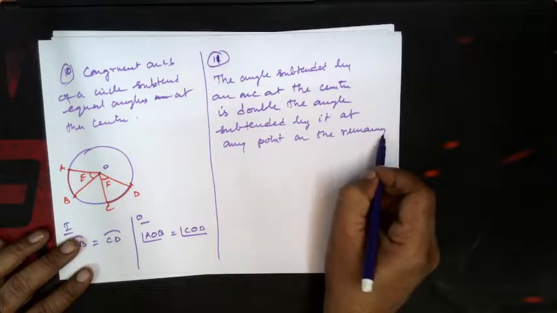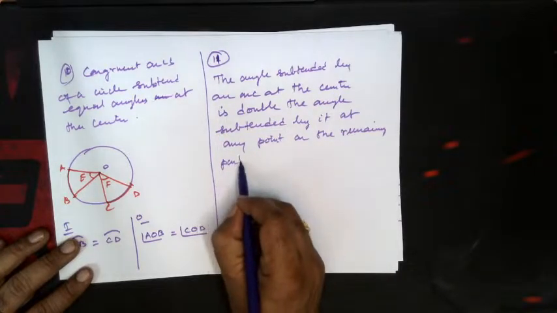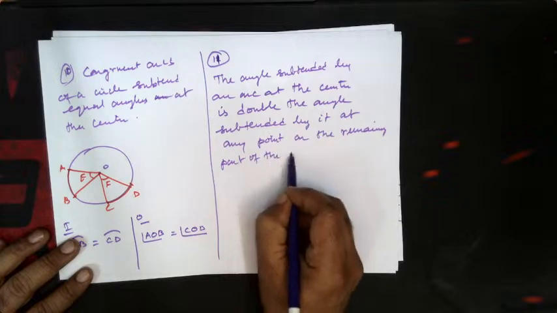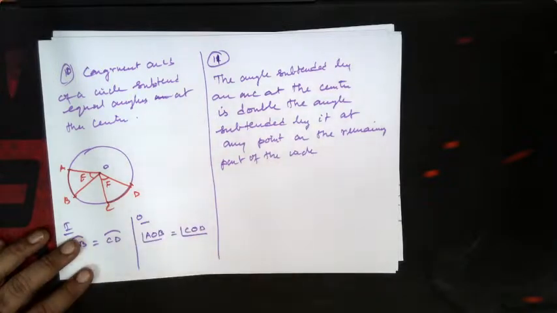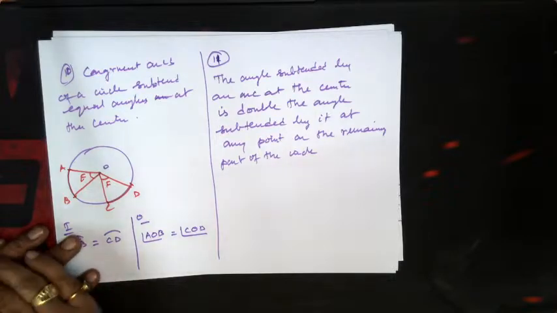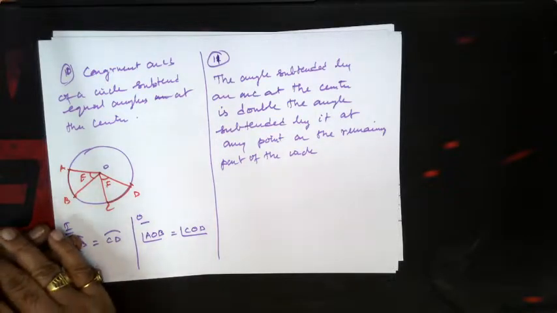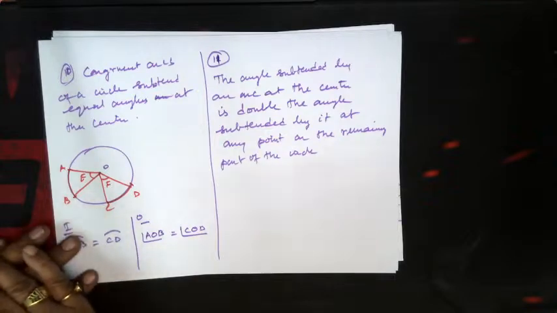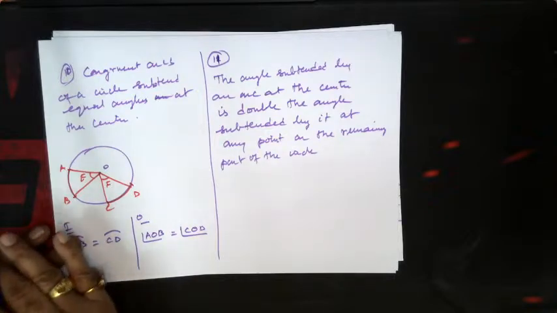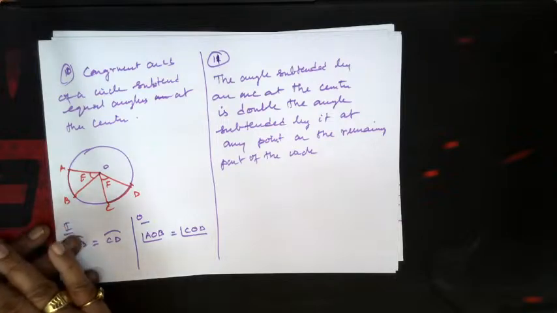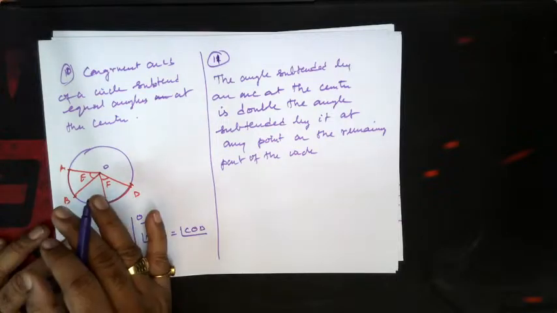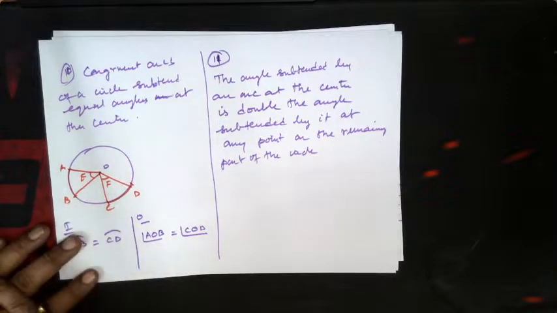The statement is very important. Okay, so what do you mean by this? The angle subtended by an arc at the center is double the angle subtended by it at any point on the remaining part of the circle.